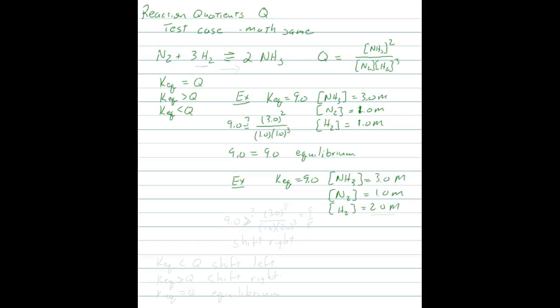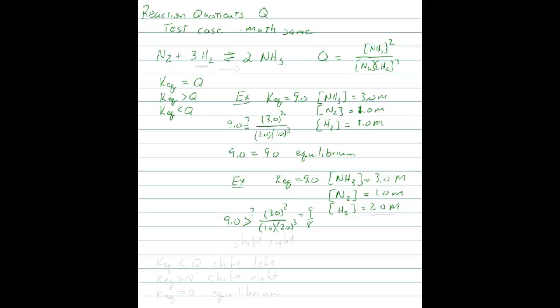When you plug that in, 9.0, how does that compare to 3.0 squared over 1.0 times 2.0 cubed? Well, that's 9 over 8, so that means KEQ is greater than Q.